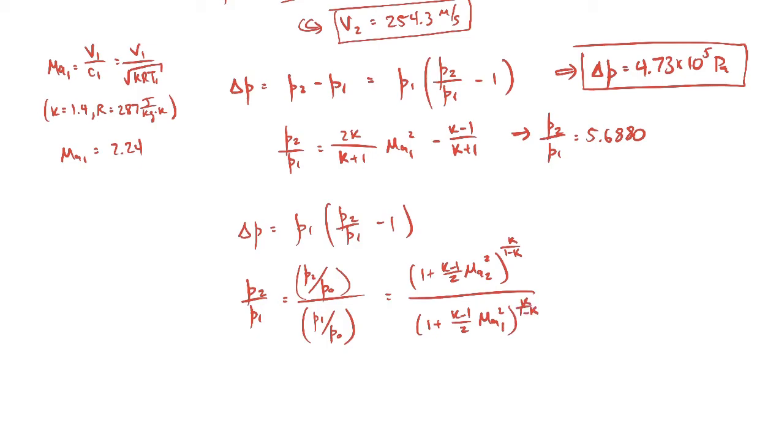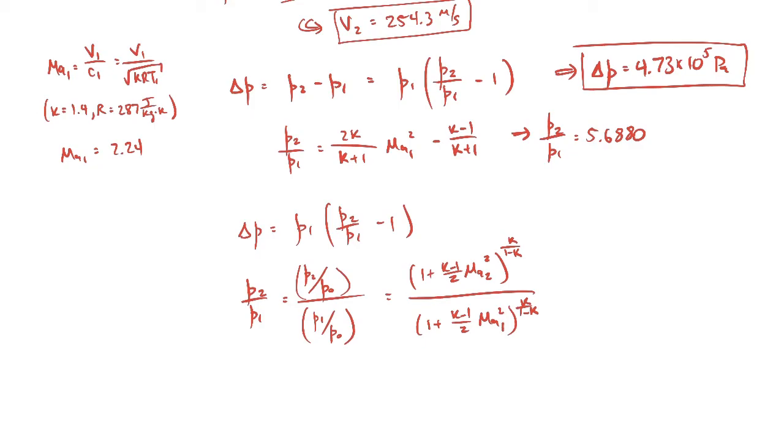Okay, so we have that expression. So we know the Mach number upstream, so we just solve for that over here. What we're missing now is the Mach number downstream, so we still have that to figure out.